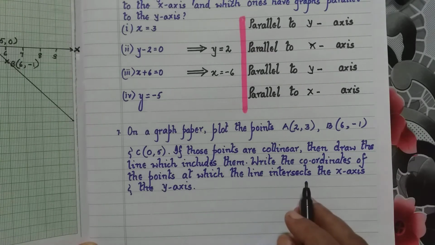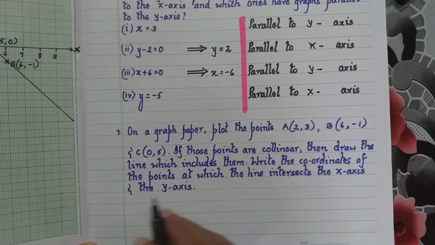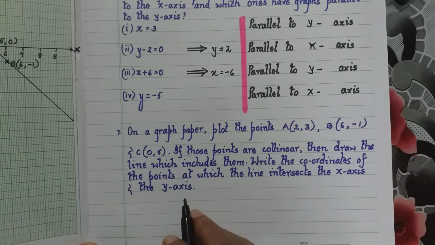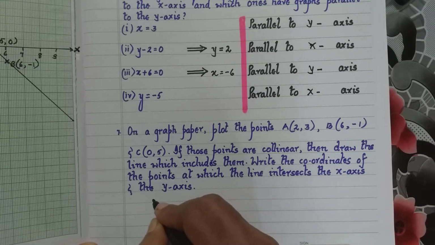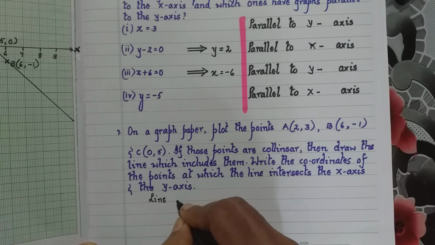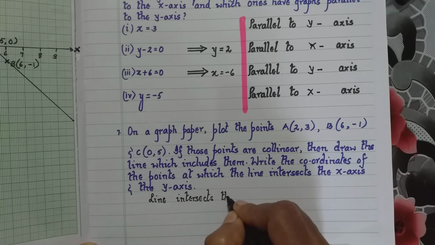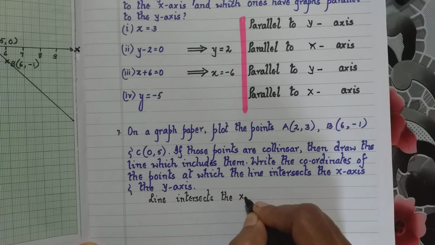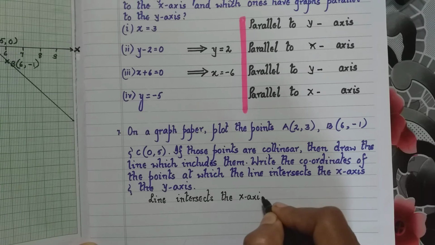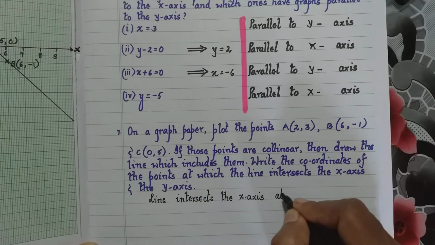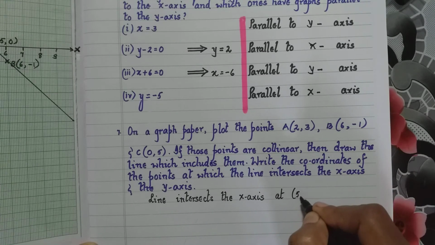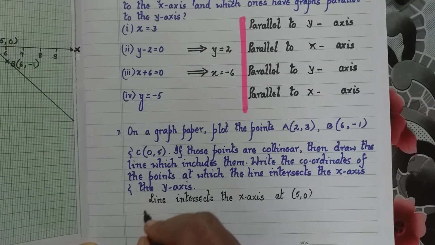So, when we are writing the answer here, they have said write the coordinates of the points at which the line intersects the x-axis and the y-axis. So, we'll write the line intersects the x-axis at 5, 0. That is what we saw.